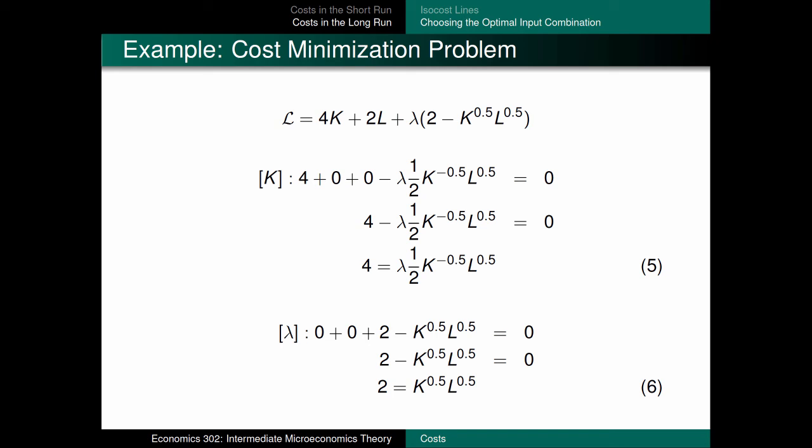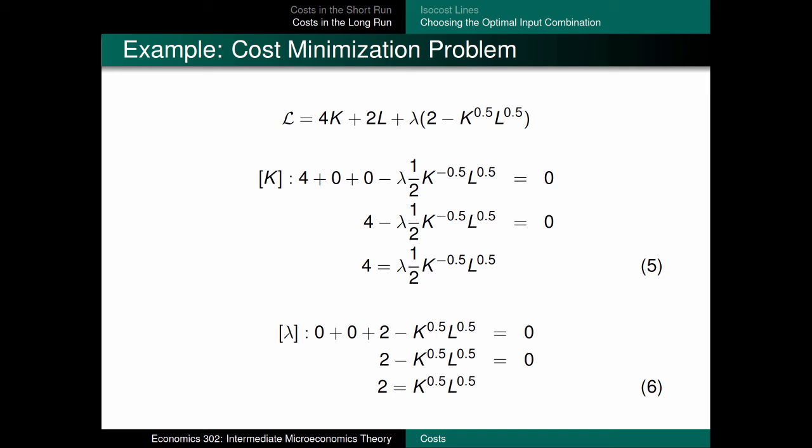The third and final first order condition is with respect to lambda. Notice that the derivative of 4 times K with respect to lambda is 0. The derivative of 2 times L with respect to lambda is 0. And the derivative of lambda times (2 minus K^(1/2) L^(1/2)) is simply 2 minus K^(1/2) times L^(1/2).